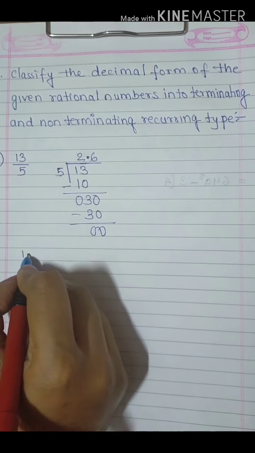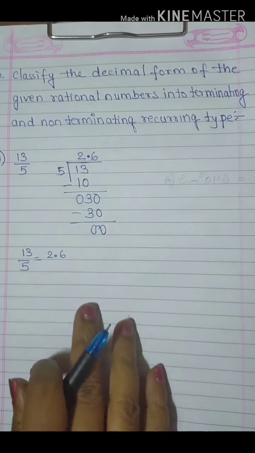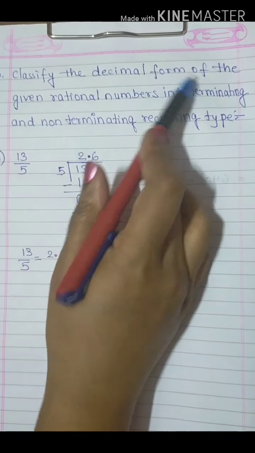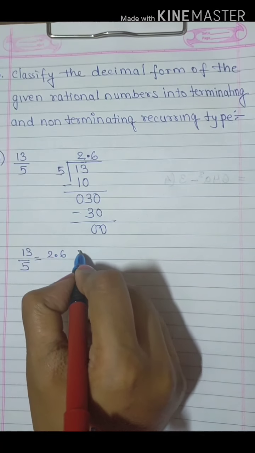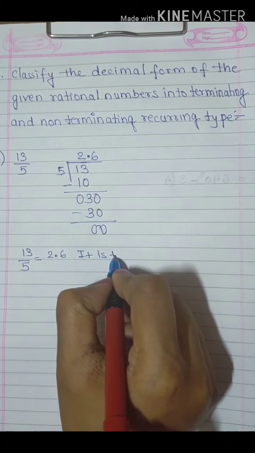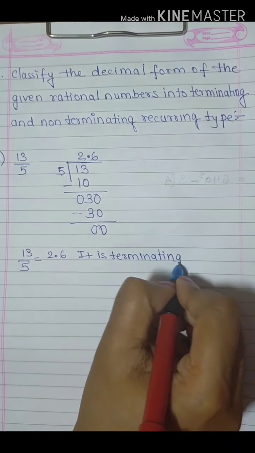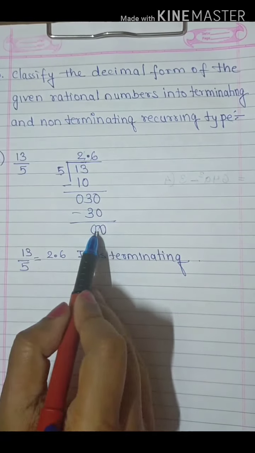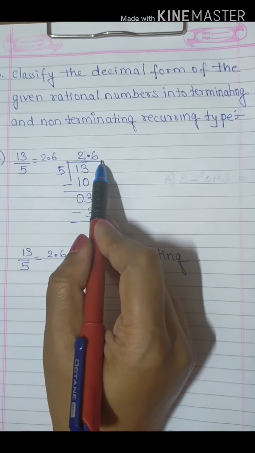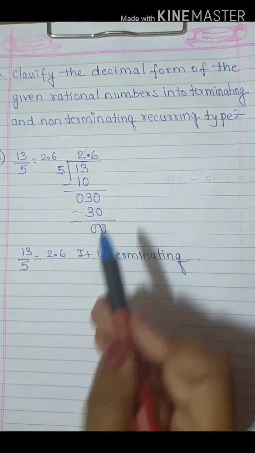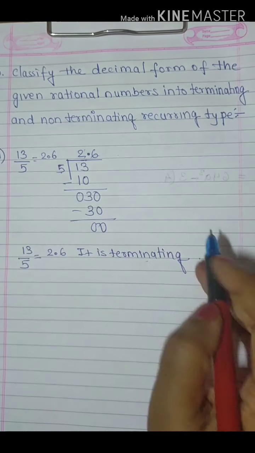So our answer 13 upon 5 is equal to 2.6. Classify the decimal form of given rational number into terminating. So this is terminating. Okay, we got the answer 2.6. After 6 nothing will come, so it is a terminating number.